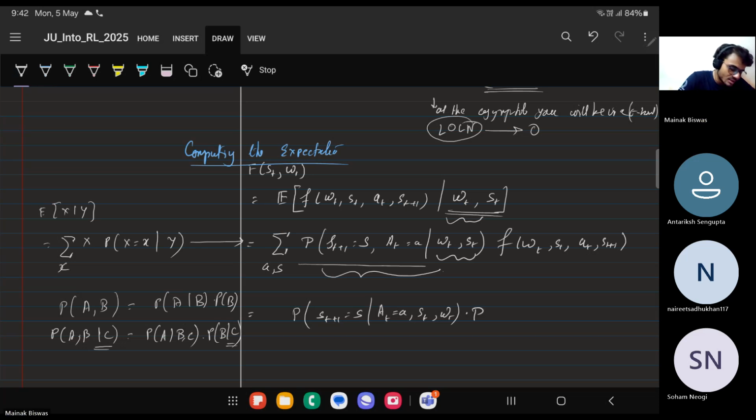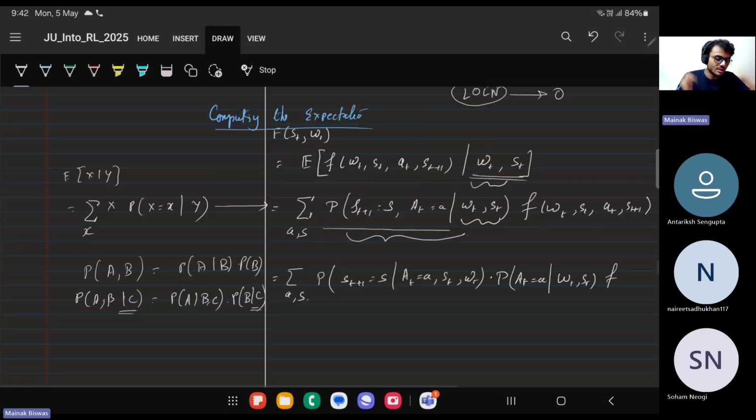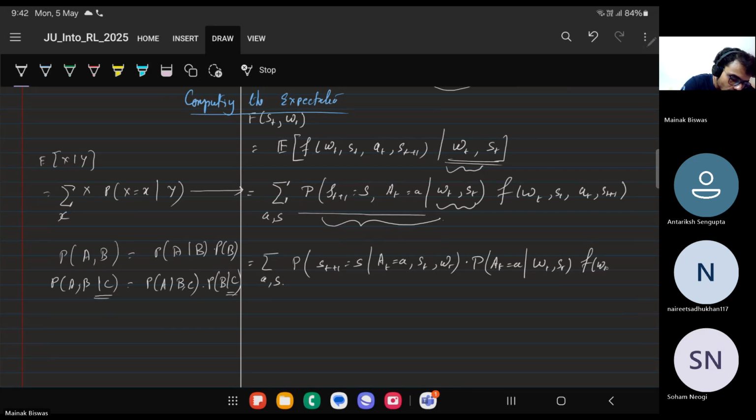Next, this term becomes probability of AT, A equal to A given WT into the function f. Now tell me, what will we do next?